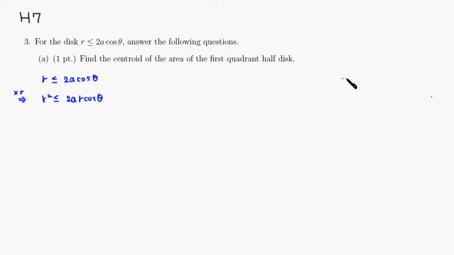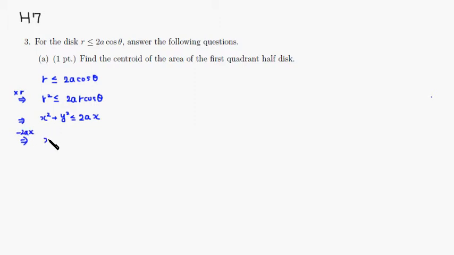Then r squared in the Cartesian coordinate system is just x squared plus y squared, which is less than or equal to 2a, a constant, times r cosine theta, which is x. Then we subtract 2ax from both sides.